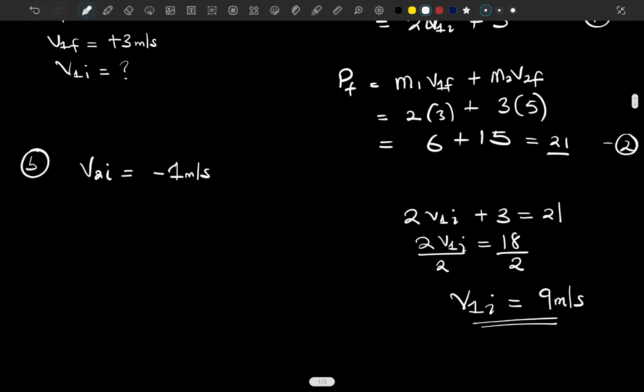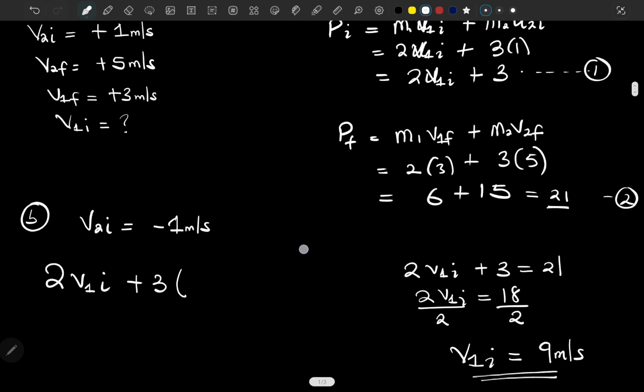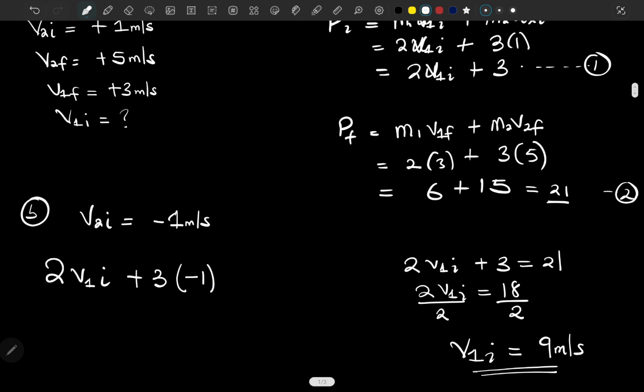Meaning, all the equations that we got here, remember we had 2v1i plus 3. Where I put 1, it will now be negative 1. The final momentum will be the same, 21.